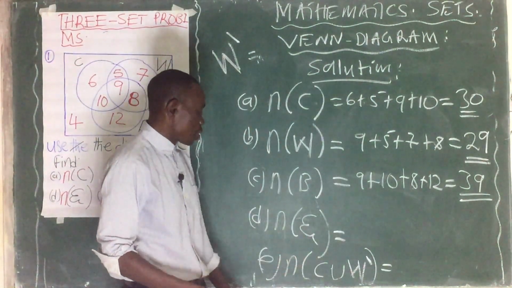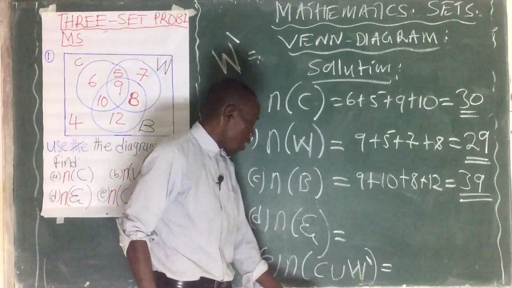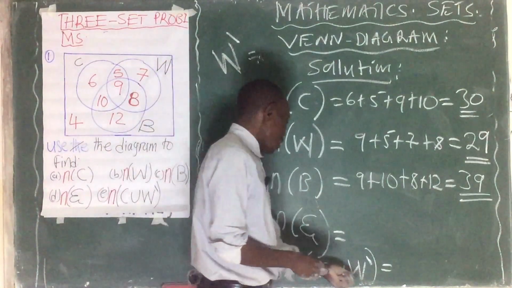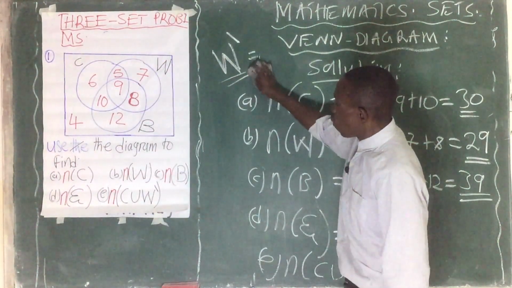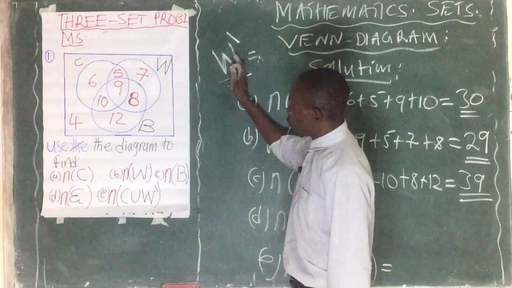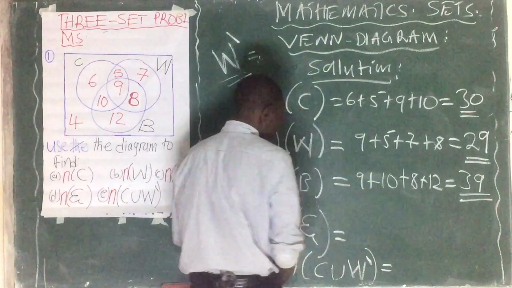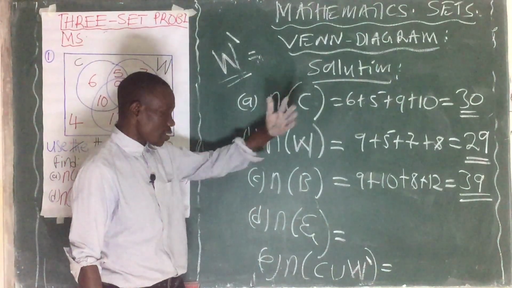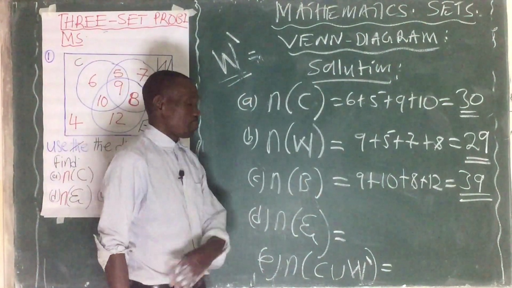Only that this is a little bit special, with the complement combined by union with C. So try to understand that this is a complement of W, work out which elements it represents, and then use it to work out E here. Because what we're doing is the same skill: summation, summation, and summation.